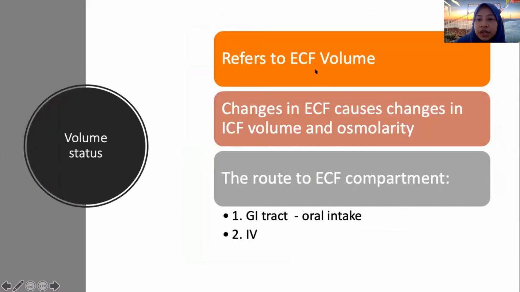When we talk about volume status, we usually refer to the ECF volume.